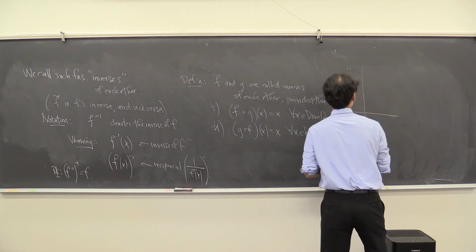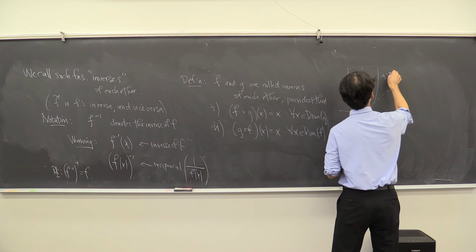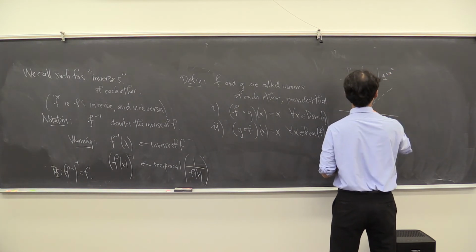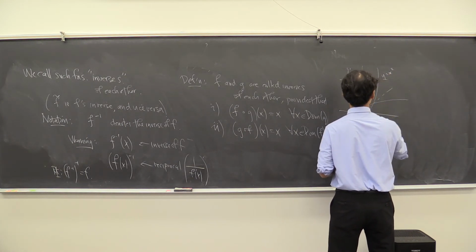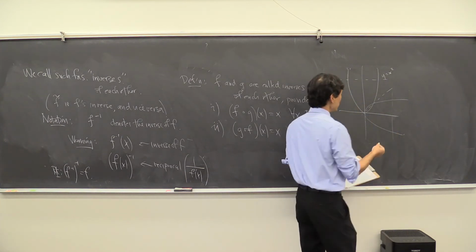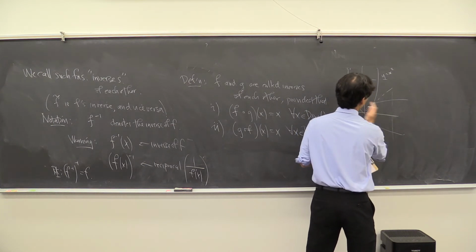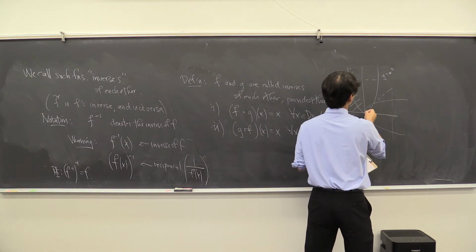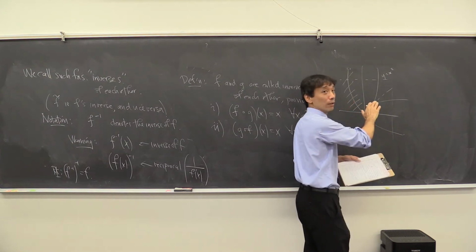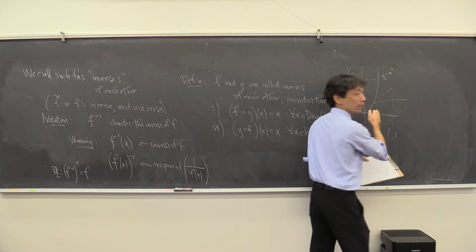So our example was this thing here, y equals x squared, which fails the horizontal line test, which means that its flip is going to fail the vertical line test. Okay, but you notice, just as a digression, if we restricted ourselves to the positive numbers, then it would pass the horizontal line test, and this thing would then pass the vertical line test.